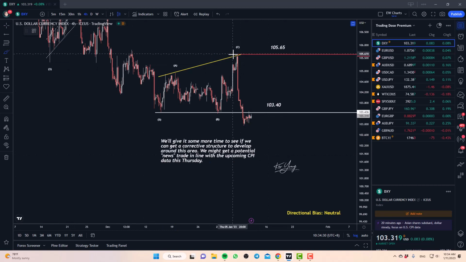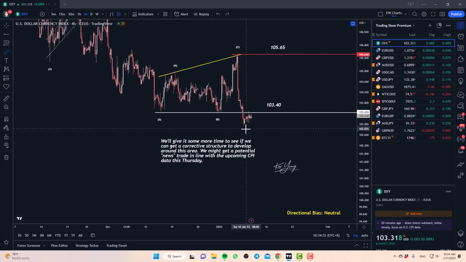Okay, last week NFP did send the dollar down, and at this moment what we're seeing is an impulsive drop following that. What it seems like developing itself now is a corrective structure. So we'll give it some more time today as well as going into tomorrow just before the CPI data release.